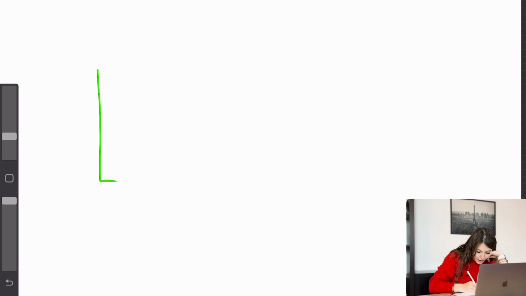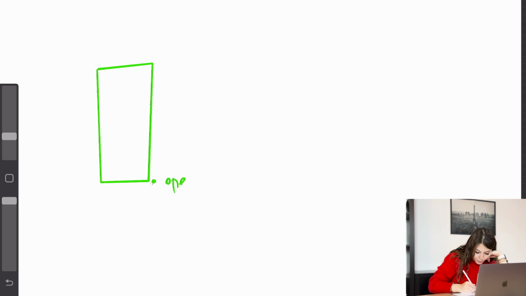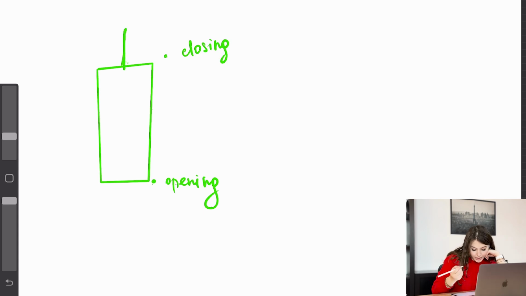First of all, we have a candle like this, for example, and this is the point of opening. It's always lower than the point of closing of the candle. So how do we easily understand and remember these candles?